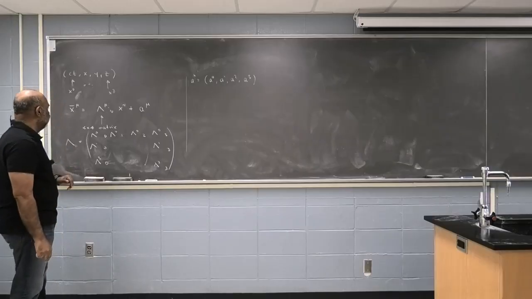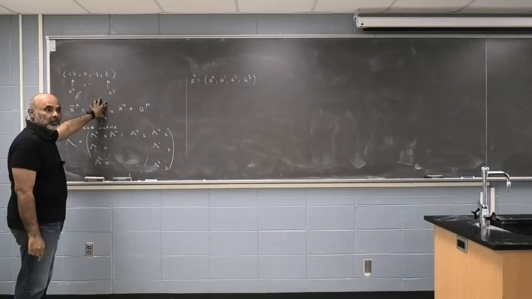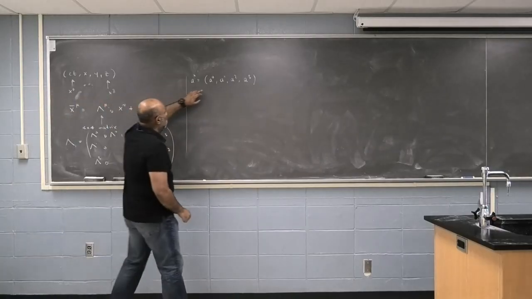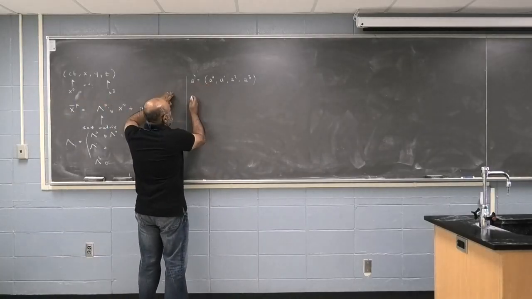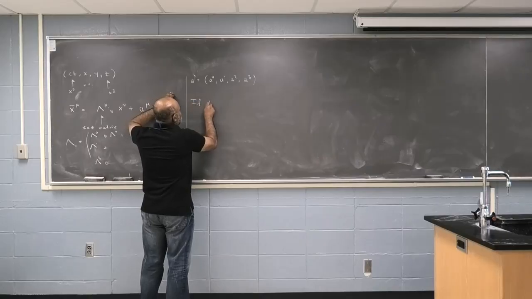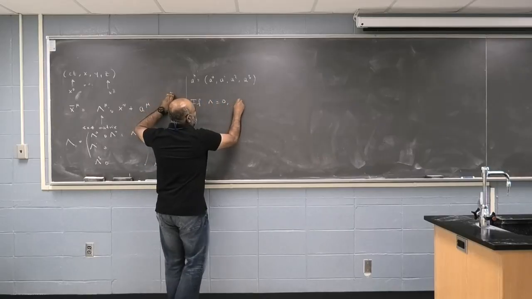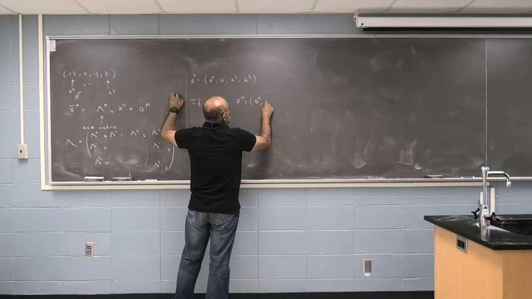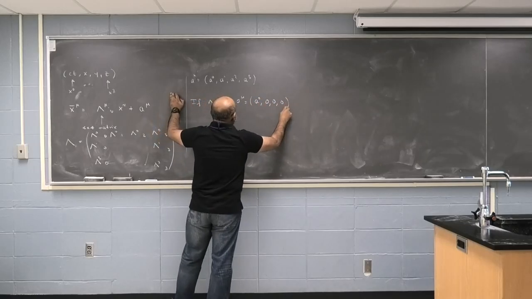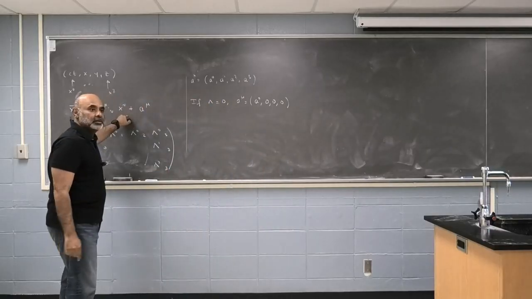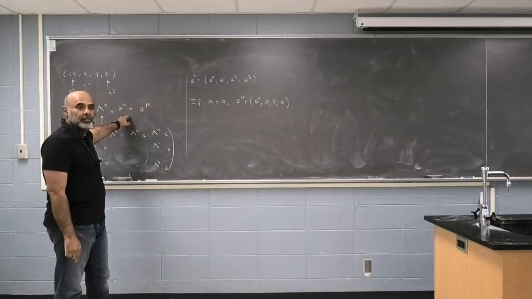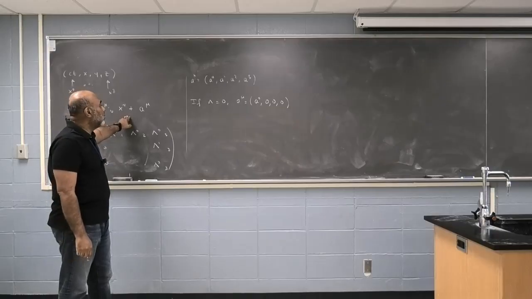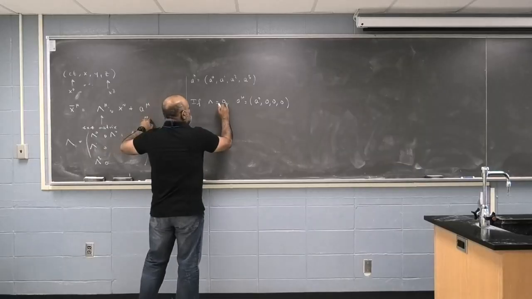So for example, if lambda equals 0 and A mu equals A0, 0, 0, 0, what kind of a transformation is this? Oh, lambda cannot be 0.